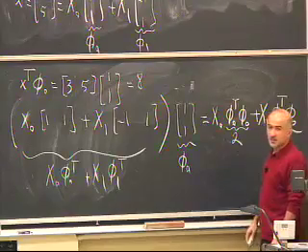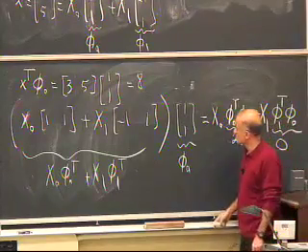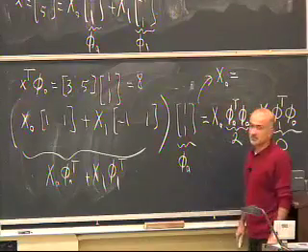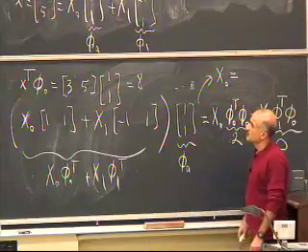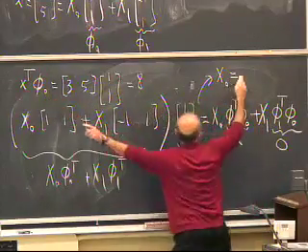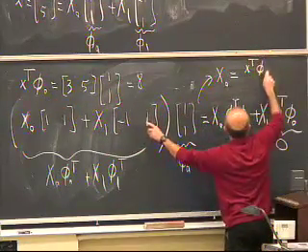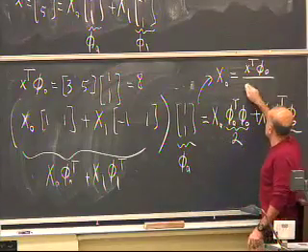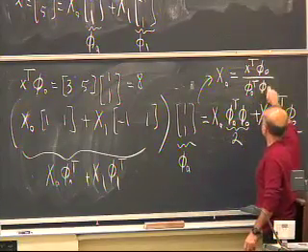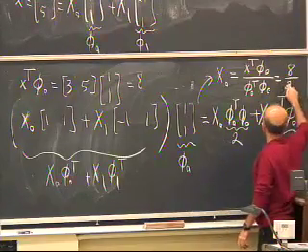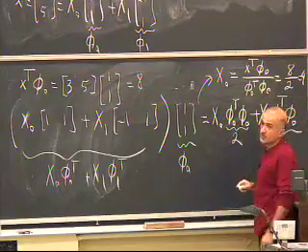So how do you find x naught? X naught equals this, x transpose phi naught over phi naught transpose phi naught. And that's equal to 8 over 2, which is 4.